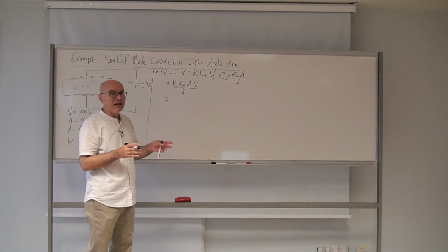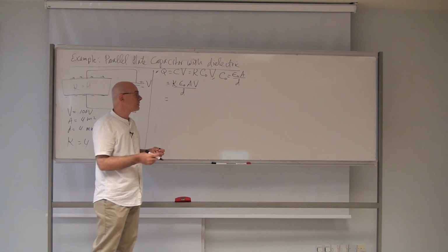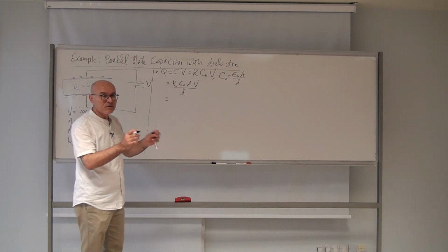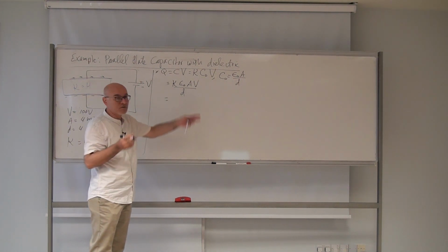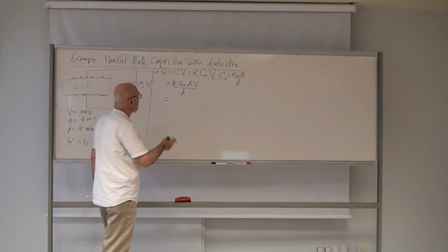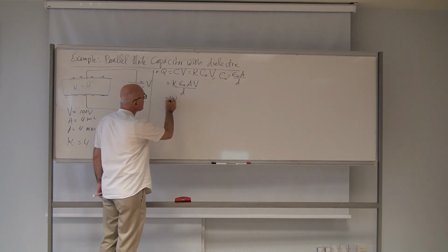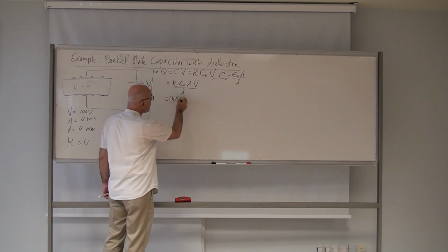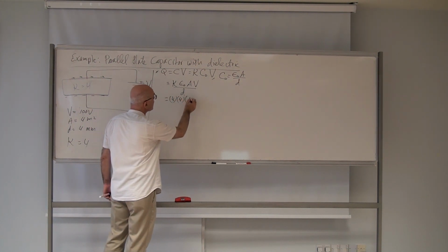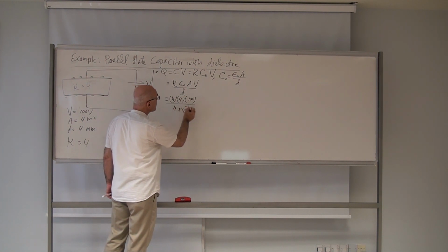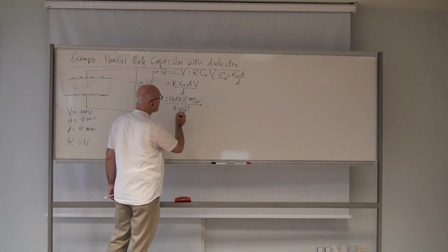Now, in this example, just for computational simplicity, I will express all the results in terms of epsilon naught. So I substitute here. Kappa is 4, A is 4 also, and V is 100. D is 4 times 10 to the power minus 3, and you write this as epsilon naught.